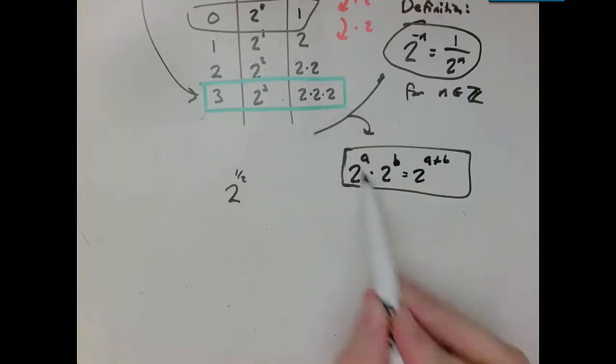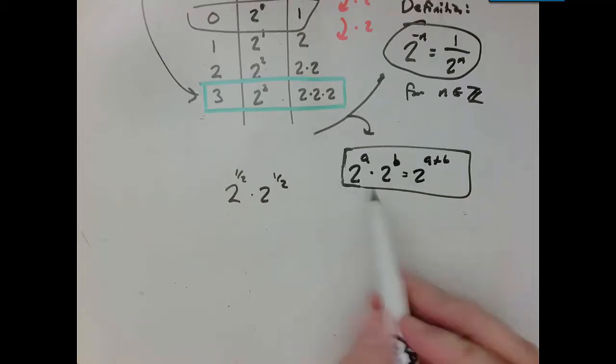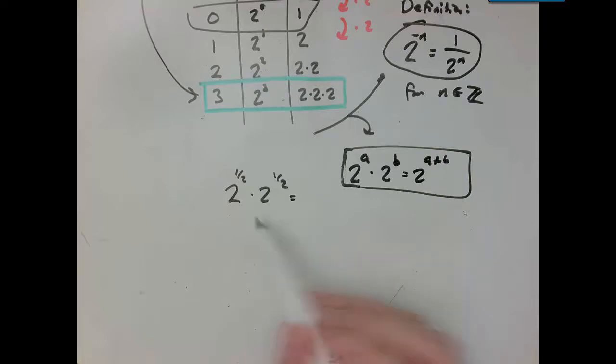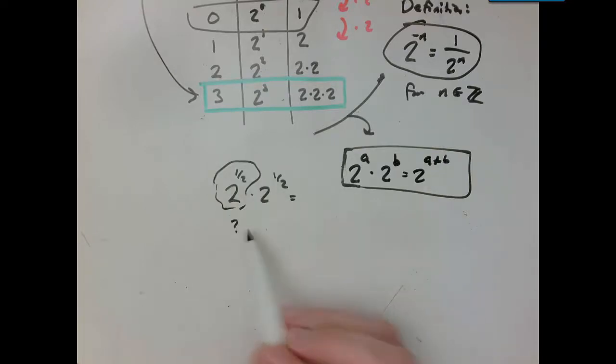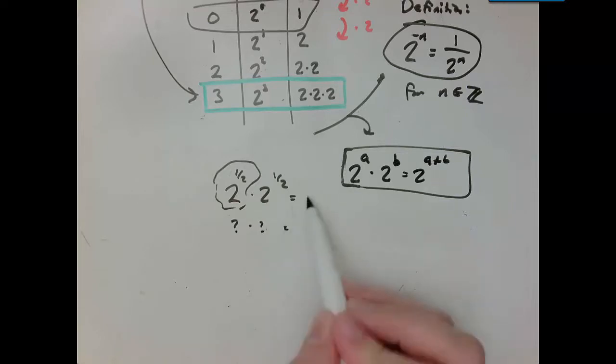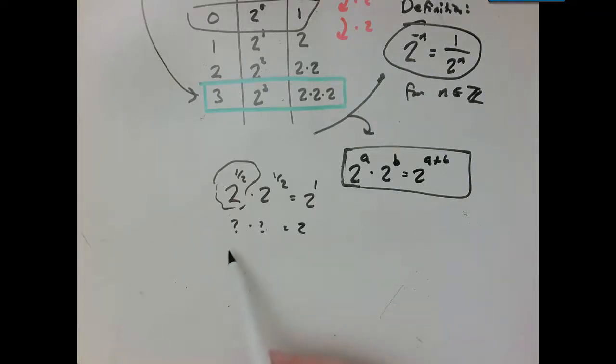If a is 1/2 and b is 1/2, and we want this rule to remain true, then whatever number this is, we should have mystery number times mystery number equals 2 to the 1/2 plus 1/2, which is 2 to the 1, equals 2. So now it makes a lot of sense why 2 to the 1/2 should equal the square root of 2, because root 2 is the unique number defined as the number that, when multiplied by itself, gives you 2.